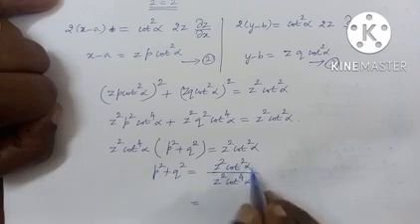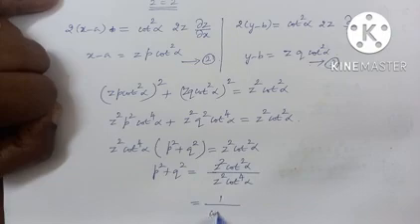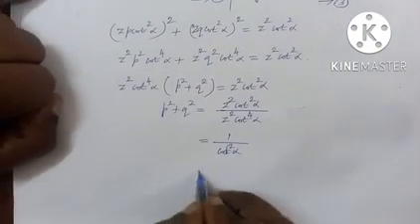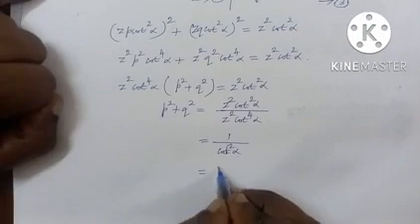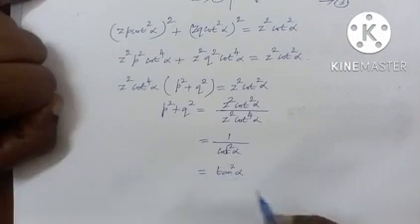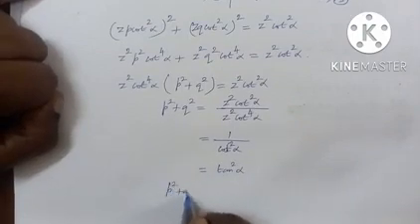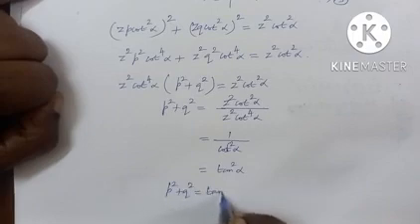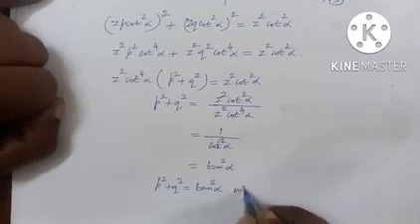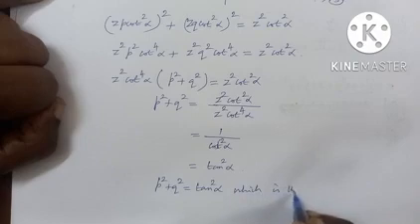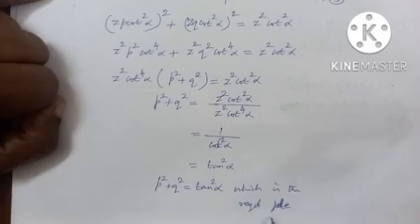Where z square gets cancelled, cot square alpha gets cancelled. The denominator is cot square alpha. We know 1 by cot alpha is tan alpha, right? Tan square alpha. So our answer is p square plus q square equal to tan square alpha, which is the required partial differential equation. Okay.